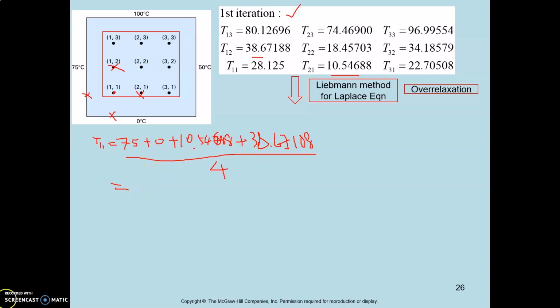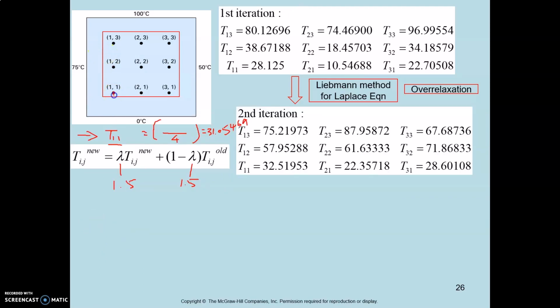You should be able to obtain 31.05469. So we have found the temperature T11 by using the temperatures around it, taking the summation of the nearby temperatures and dividing by 4, so we get 31.05469. You see that you had a temperature T11 in the first iteration of 28.125.